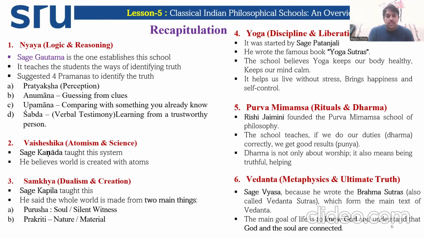And the fifth school is the Purva Mimamsa school. It is a school of rituals and dharma. It was proposed by Rishi Jaimini. The school teaches that if you do our duties, that is nothing but dharma, correctly, we get good results. So we need to follow the order of nature, the guidelines of nature, the morals of nature.